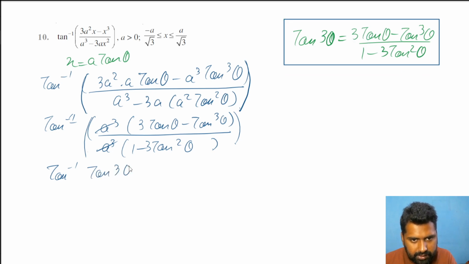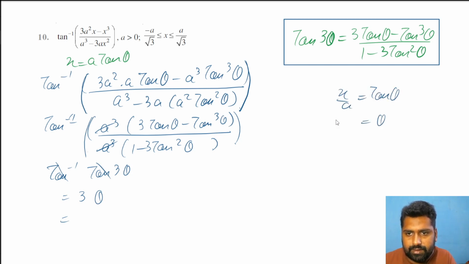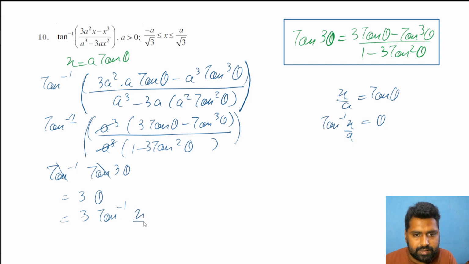Tan 3 theta, again tan inverse tan cancels, 3 theta, and what's our theta? Same thing, x by a is tan theta, theta is tan inverse x by a. So 3 tan inverse x by a.